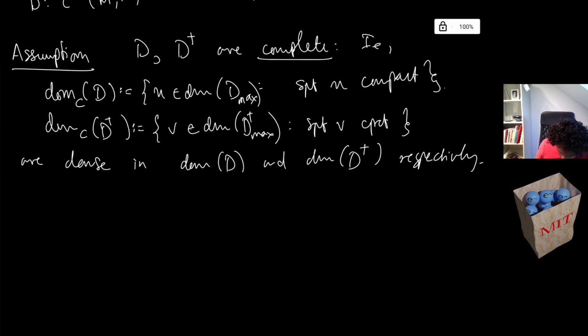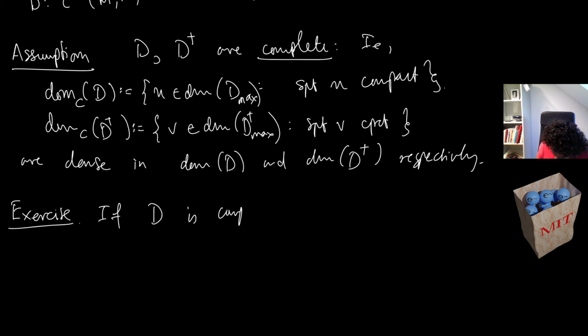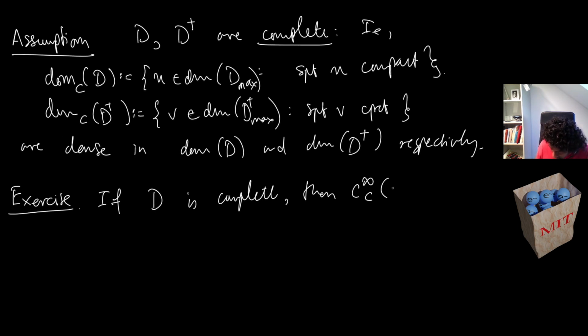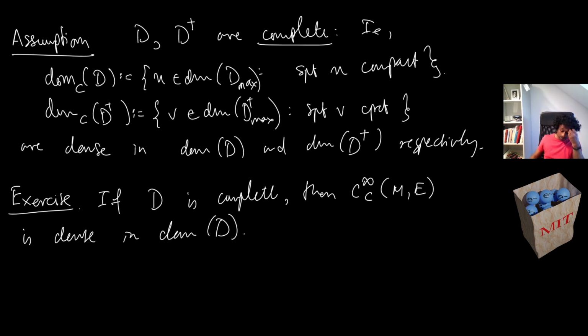Okay, so if D is complete, then C infinity C of M is dense in dom D. So if we have a complete operator, i.e. if compactly supported sections are dense, then that's enough to guarantee that compactly supported smooth sections are dense.